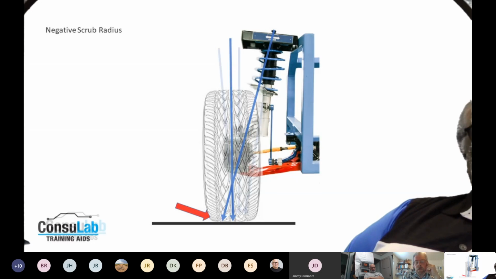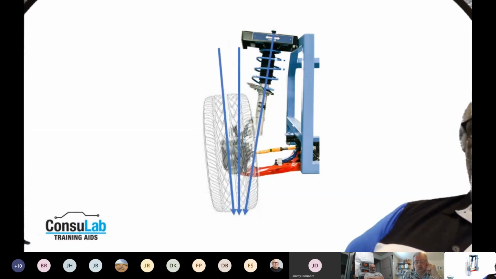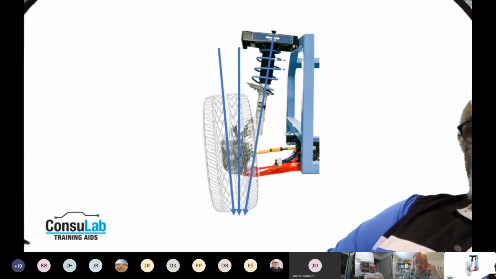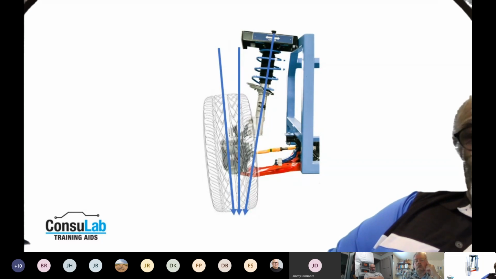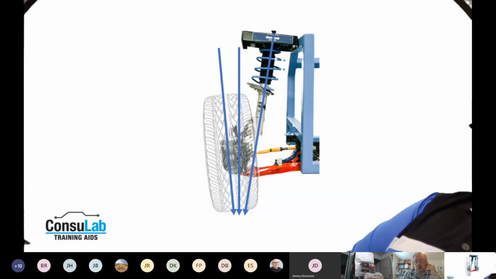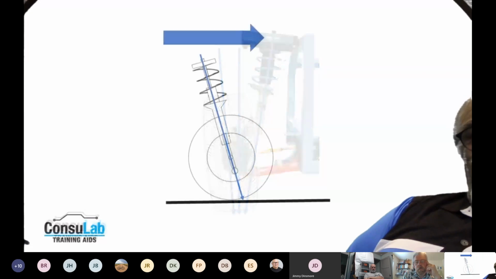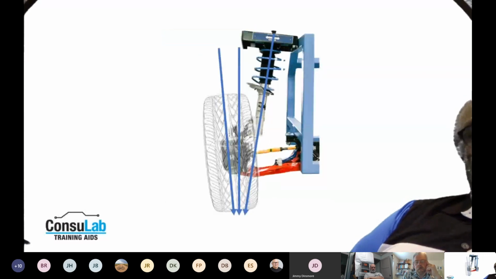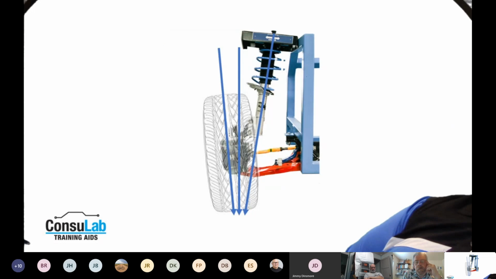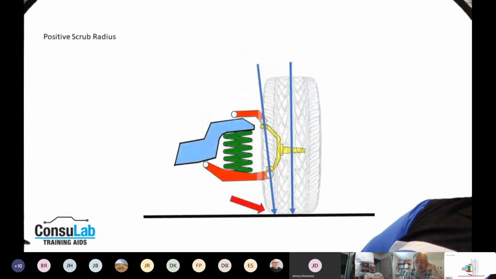We talked about included angle. Included angle is the combination of the SAI and the caster put together, and that would give us our included angle. On an SLA, the included angle is really controlled by the spindle.